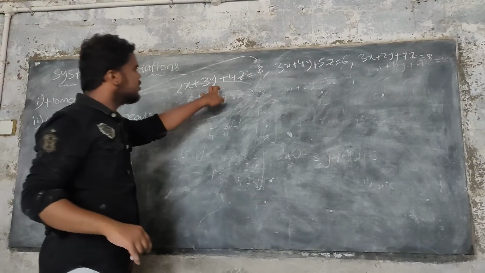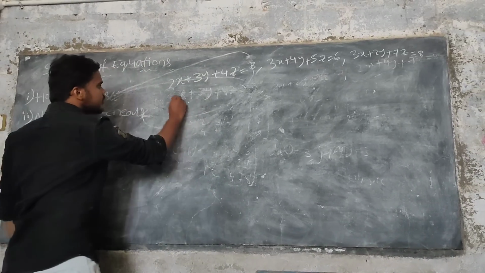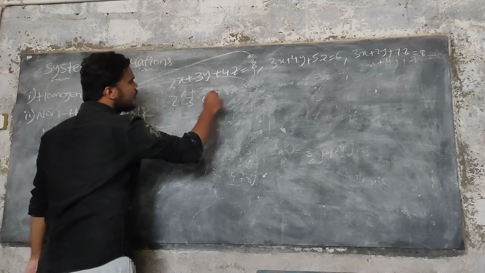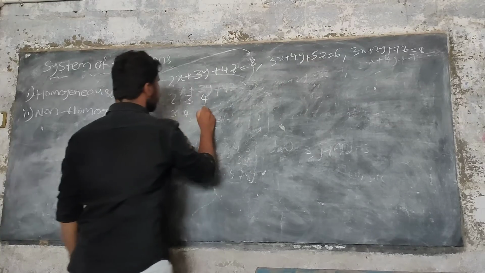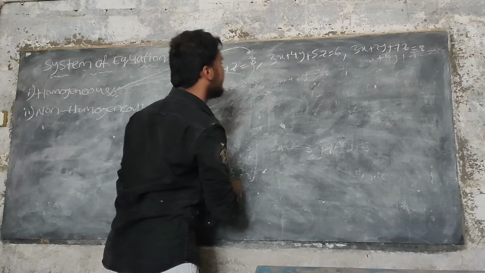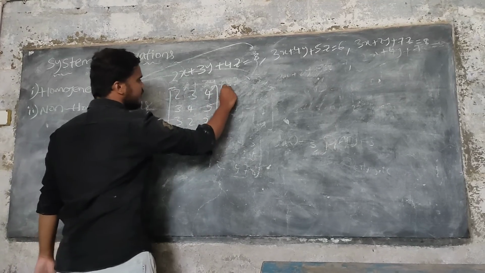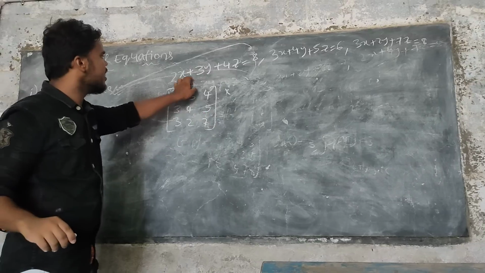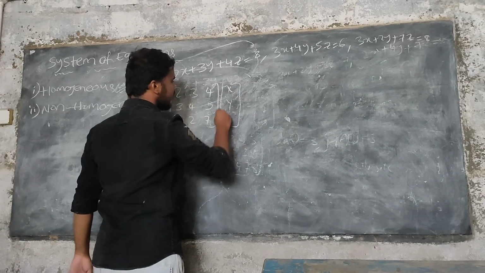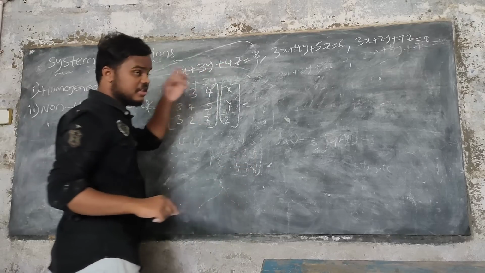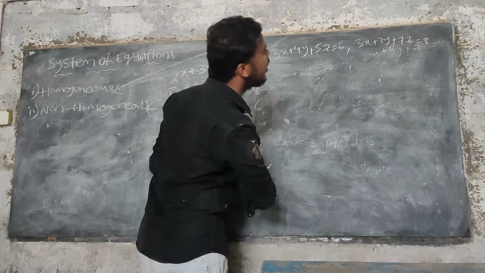We can write the equations in AX equals B form in matrix: the coefficient matrix 2, 3, 4; 3, 4, 5; 3, 2, 7 is called A. The unknown values are x, y, z, so we write A times x, y, z equals B. B means constants: 8, 6, and again 8.